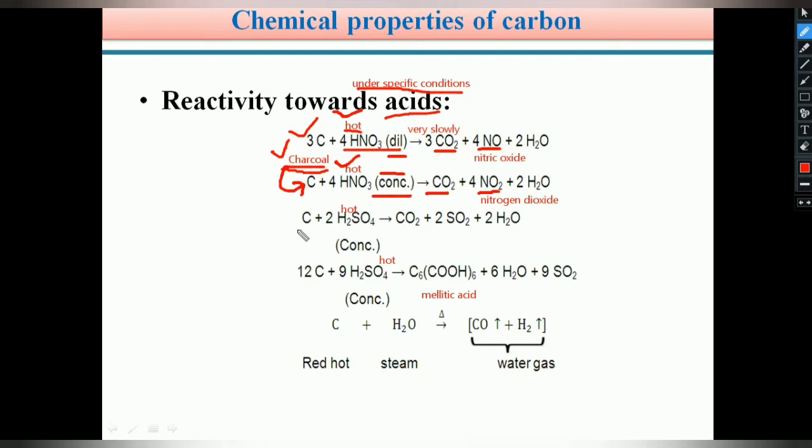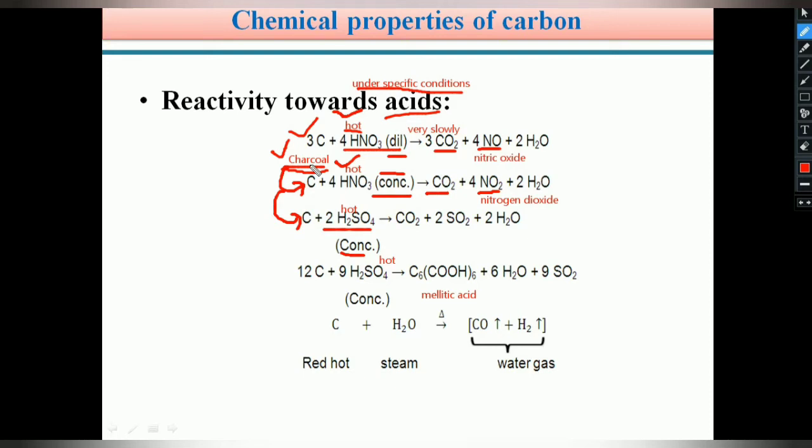Similarly, suppose we treat the amorphous form of carbon, that is charcoal, with hot concentrated sulfuric acid. Students, we know sulfuric acid very well. Sulfuric acid is also known as the king of chemicals because it has so many applications, industrially as well as for domestic purposes.